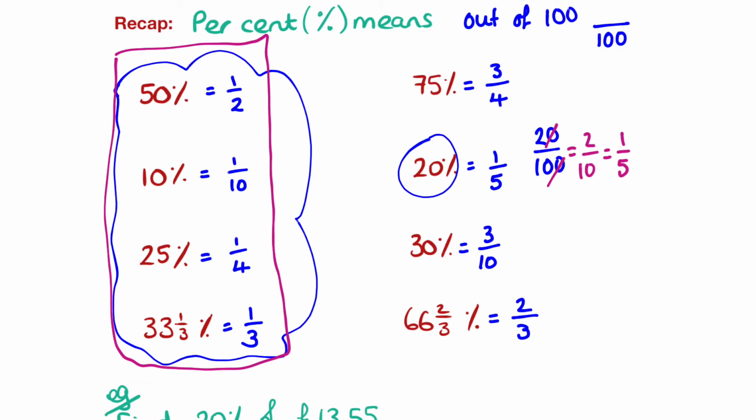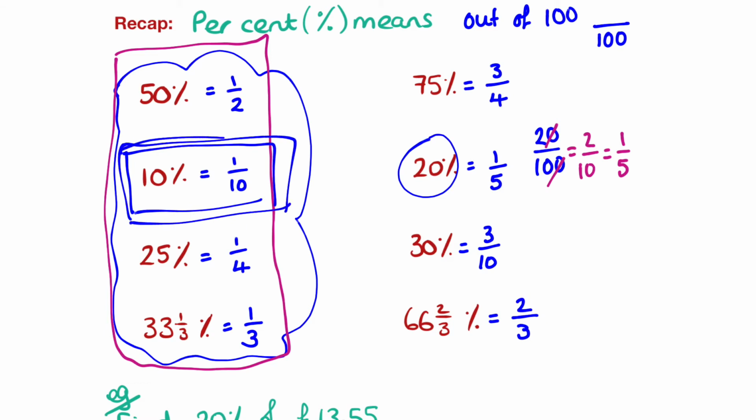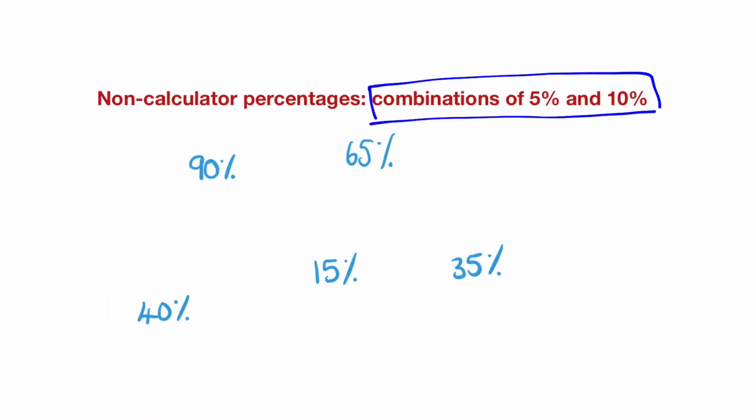Well, isn't 5% just going to be a half of 10%? Does that make sense? I think that does. So if we want to find 5%, we can just find 10% and half it. So 5% is half of 10%.